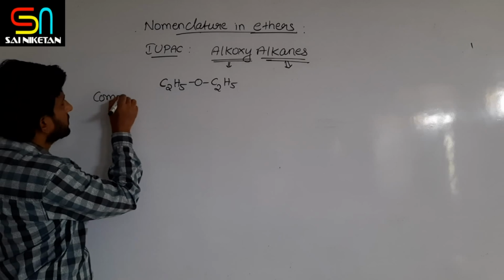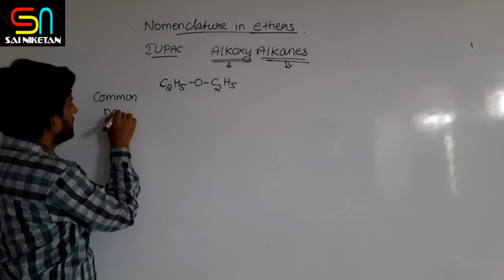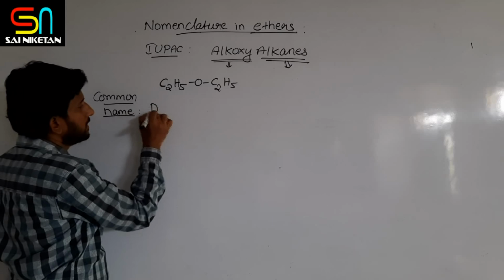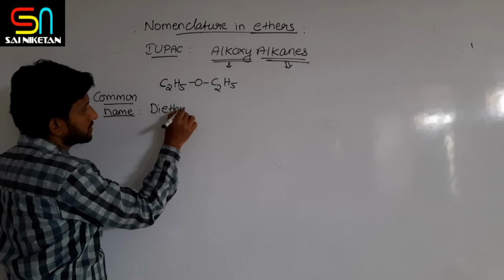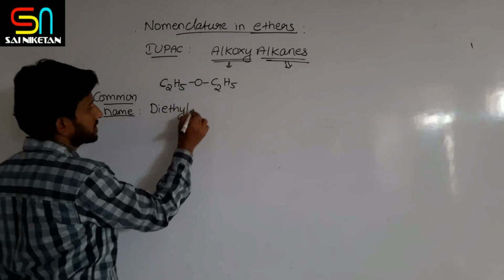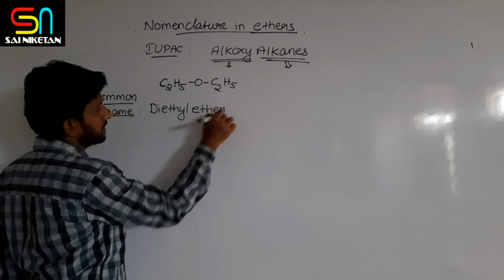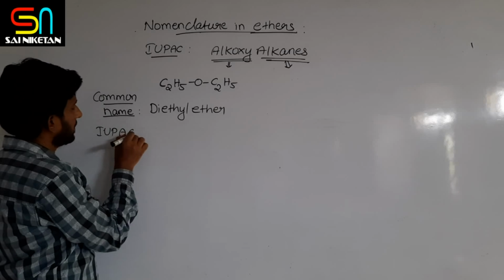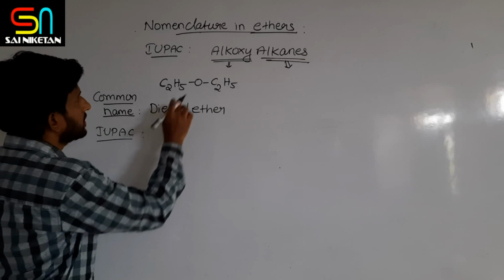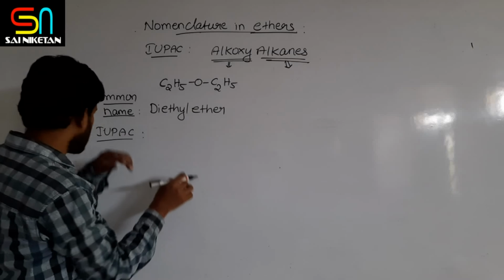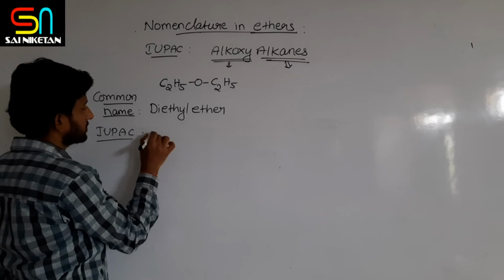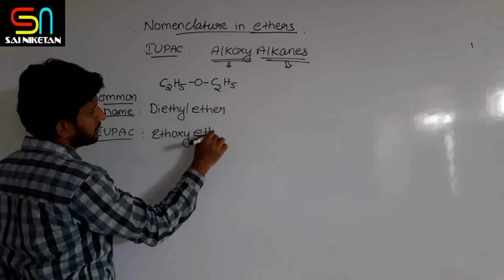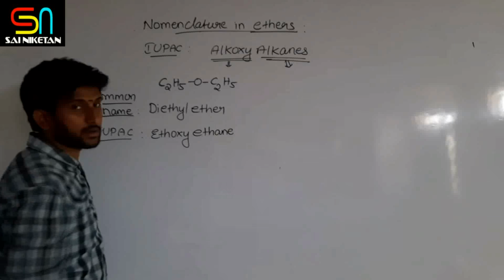The common name of this compound is again diethyl, because two same groups, diethyl groups, ether, diethyl ether. The IUPAC name for this compound is, the pattern must be alkoxy alkane, right? So same like that, ethoxy ethane must be the name of the compound.